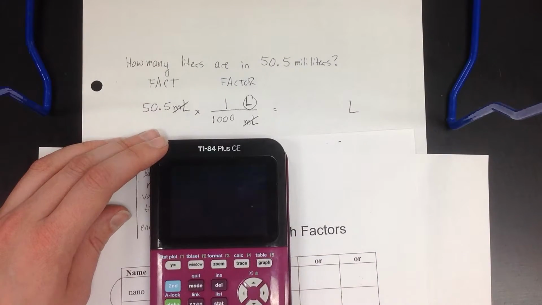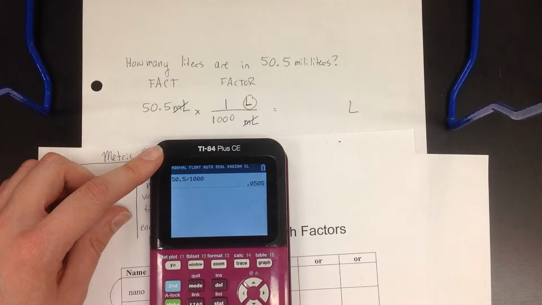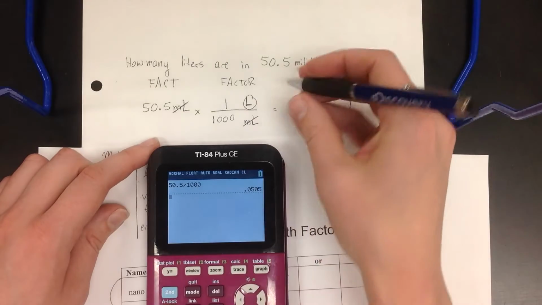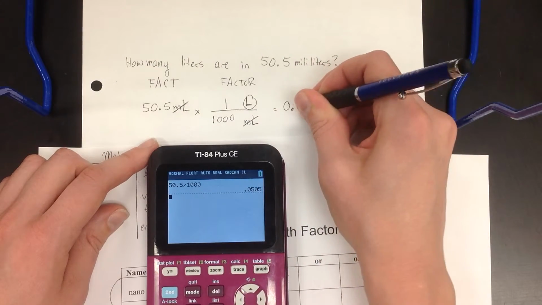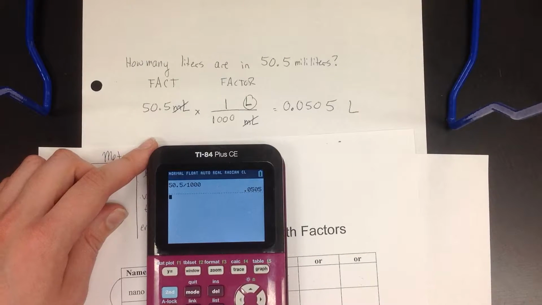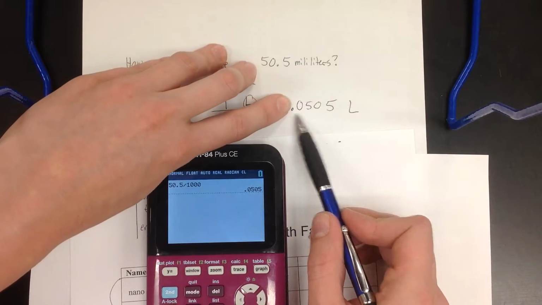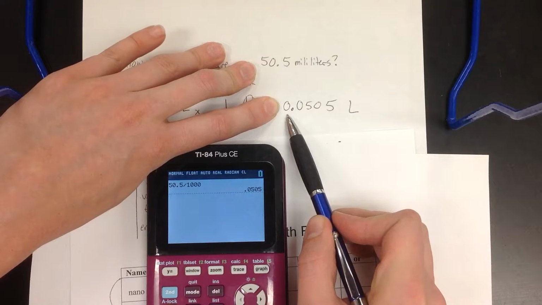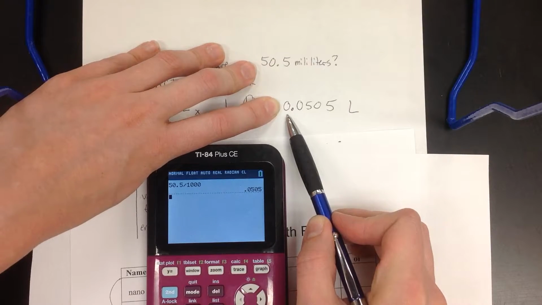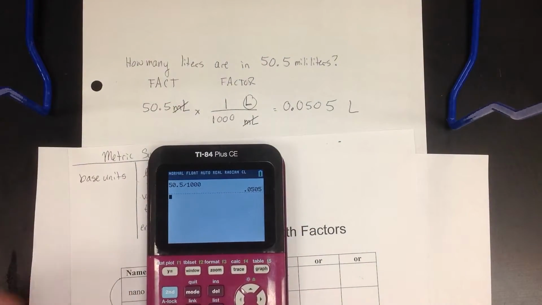Now, when I plug this into my calculator, I can do 50.5 divided by 1,000 equals 0.0505 liters. Something that I do: my calculator just gave me the decimal point, .0505, so that would have started there. I would like you to get into the habit of putting a 0 in front of your decimal so that it doesn't get lost with your handwriting.